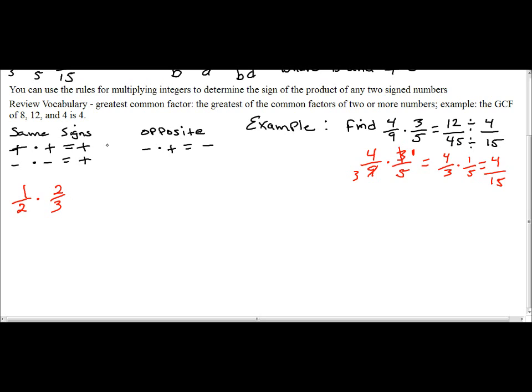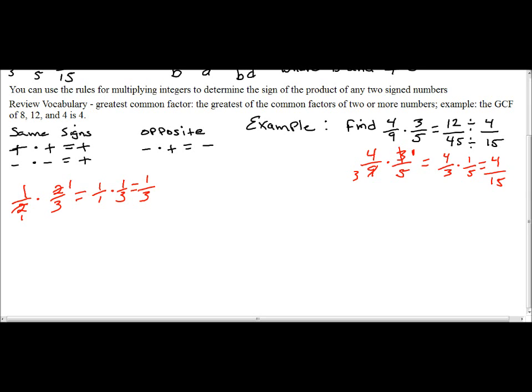Well, again, I'm looking at my cross division. 1 and 3, the only factor is 1, but 2 and 2 we can simplify to 1 and 1. That's going to give us 1 over 1 times 1 over 3, which 1 times 1 is 1, 1 times 3 is 3, and it's already simplified.